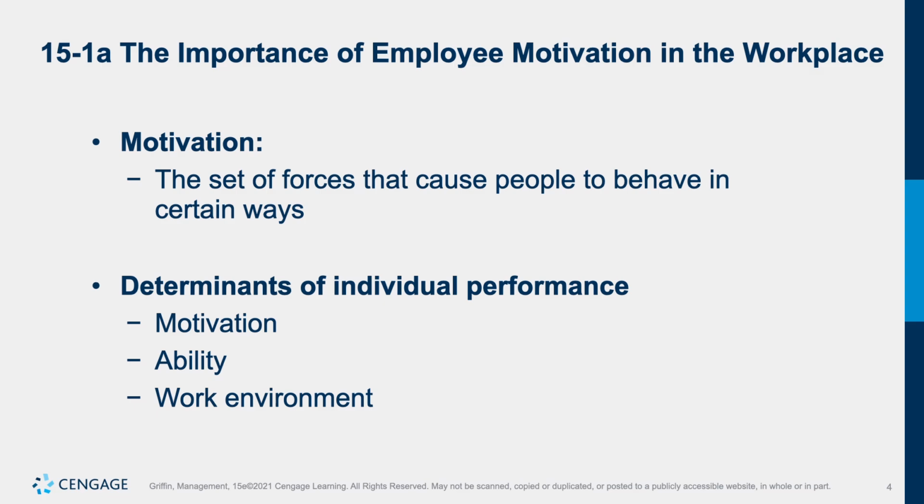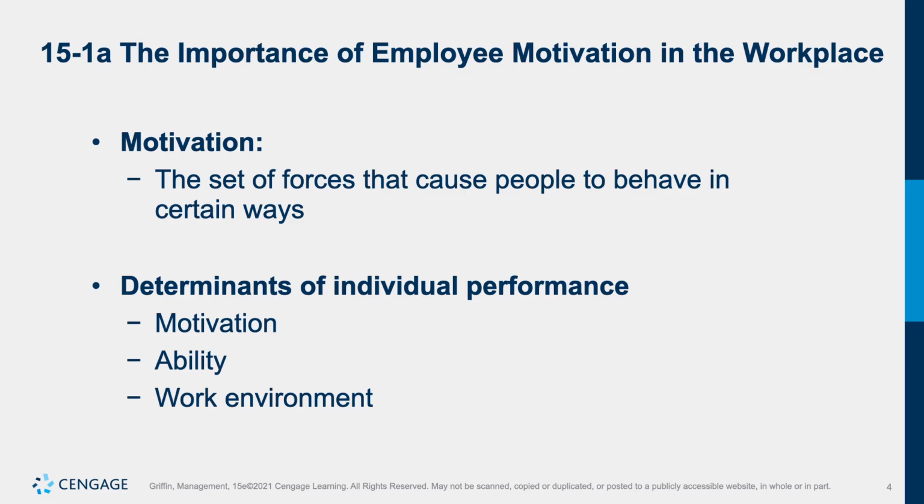So you find out that ability and work environment can be controlled by the manager, because for ability or capabilities or competencies, an employee can be sent on training, or development opportunities may be provided for the employee to gain skills, abilities or capabilities that they need to get the job done.